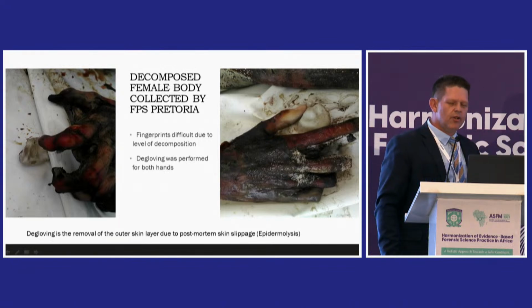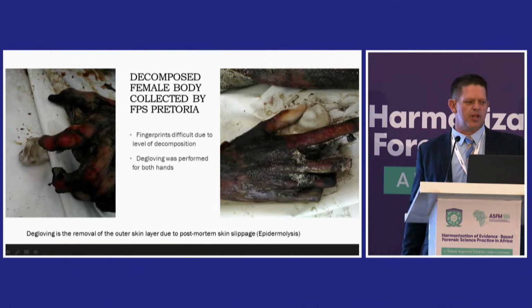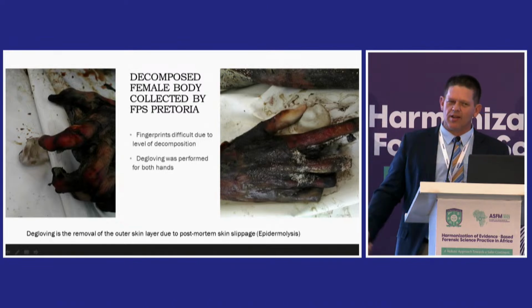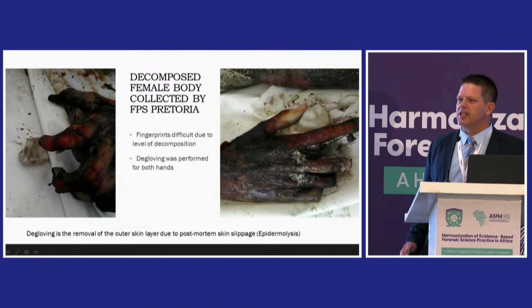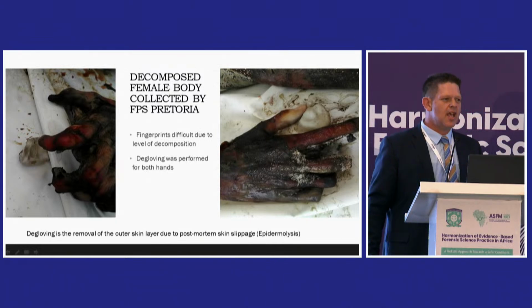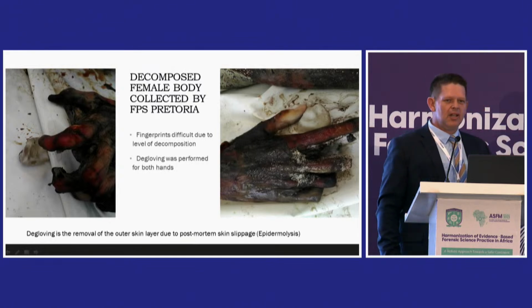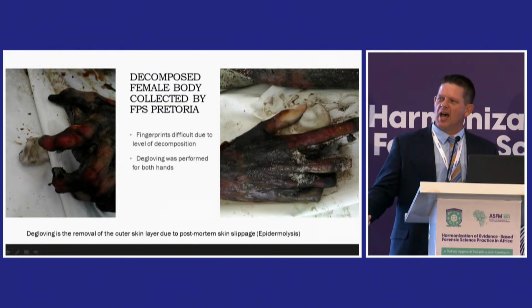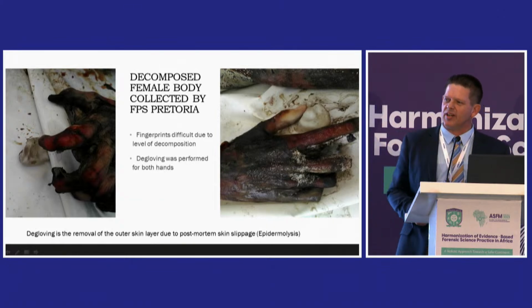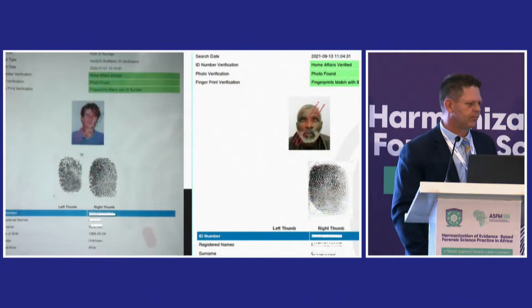The police knew that I had this system. They gave me the information. I rushed to FPS Pretoria, collected the fingerprints left and right, degloved it, and within 2 minutes, we had a match. I sent that match to the investigating officer, and she produced it in court. The bail was denied, and the family withdrew their bail application, and they confessed to the murder of this victim.